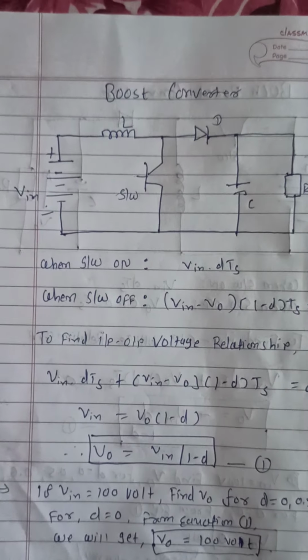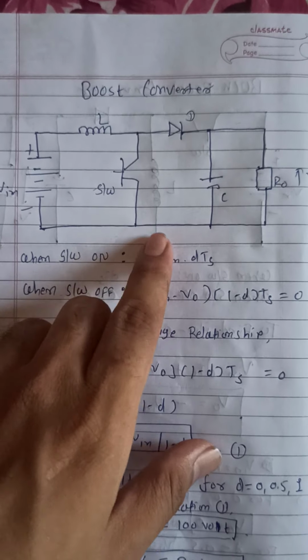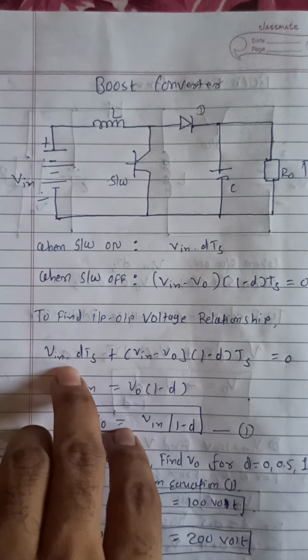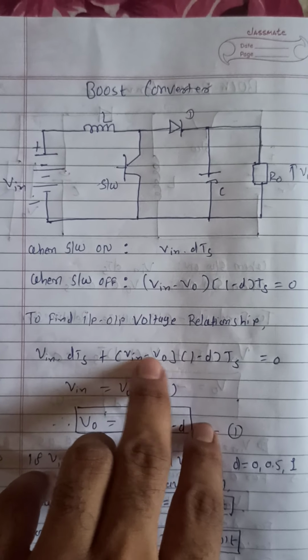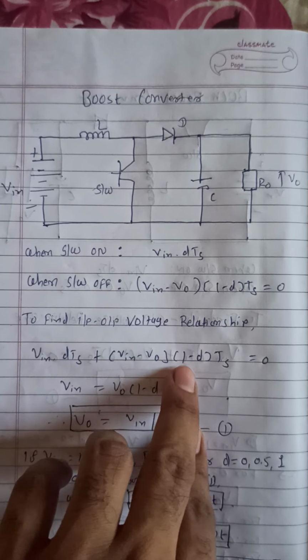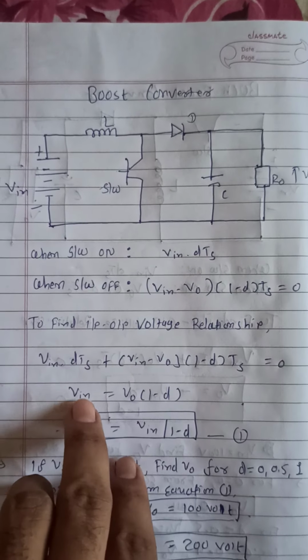Okay, now to find the relationship between input and output voltage, we have to equate these two equations. So V in into D Ts when the switch is on, plus V in minus V0 into 1 minus D into Ts when the switch is off, equals 0.